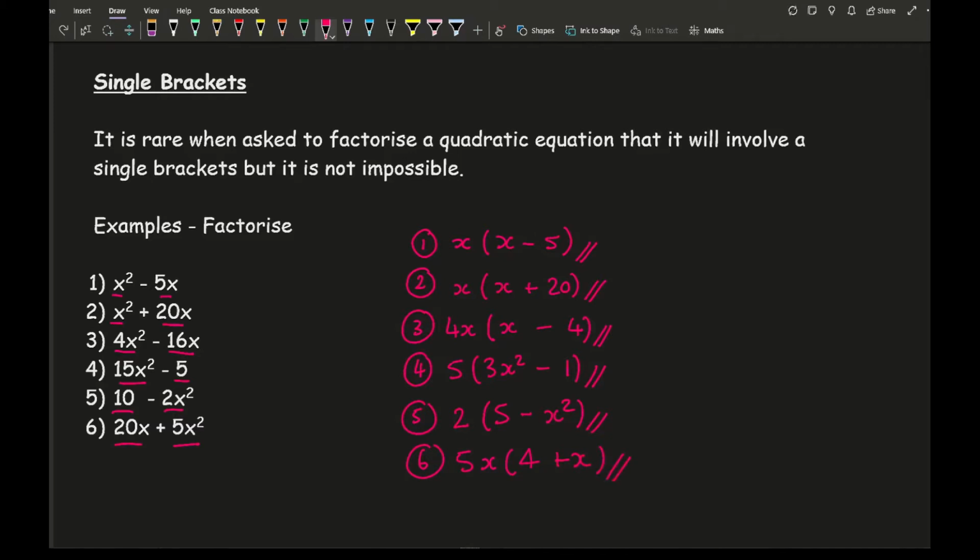Now you do tend to find that these types of questions don't really come into factorising quadratics, with the exception maybe of questions 1, 2, 3 and 6. The main reason for that is because generally speaking, in each of those 4 example answers I've given you, there is no x squared outside the bracket or inside the bracket.